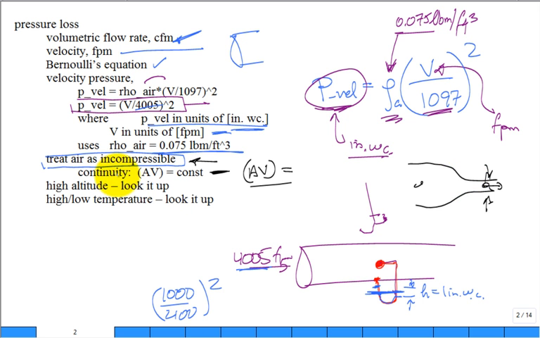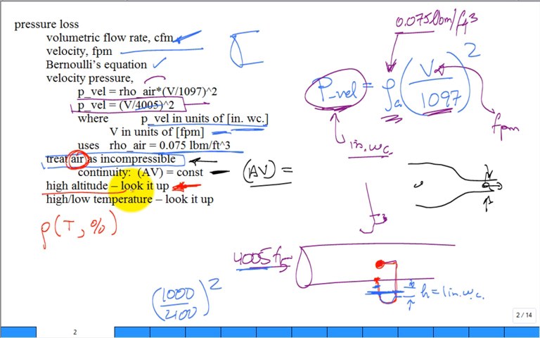All right. When do we have to consider the compressibility of the air or the density of air changing? Well, the density of air changes when the temperature changes. We don't have a lot of pressure changes to change it, but we do have temperature changes. And likewise, humidity, so the relative humidity. What happens if I move to a high altitude? I want to move to Colorado and do HVAC work in Colorado.